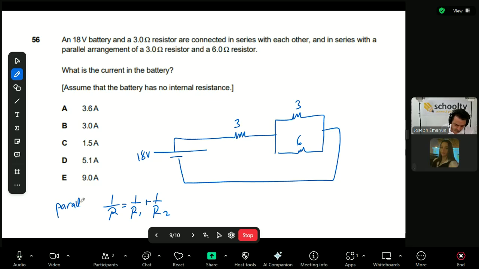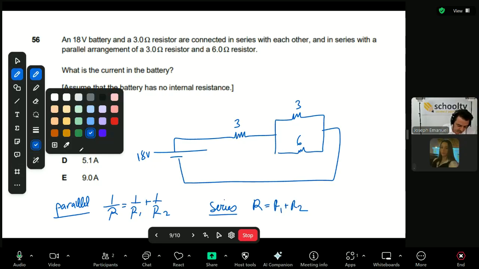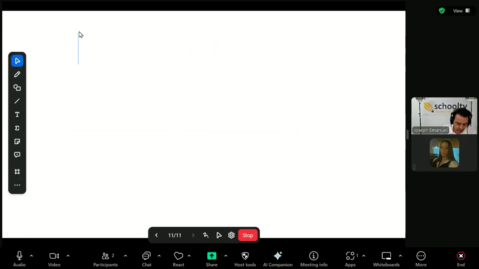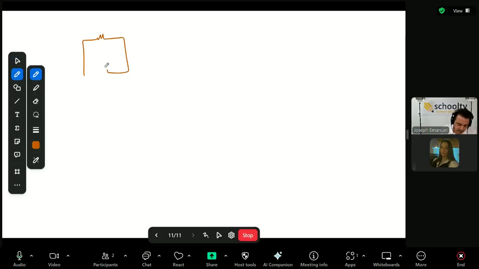Yeah, this is the parallel resistor law. And in series, we have R equals R1 plus R2. So let's open a new page here. So 3 and 6, we can change it by what?